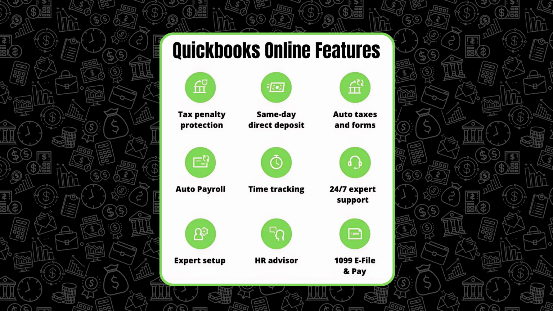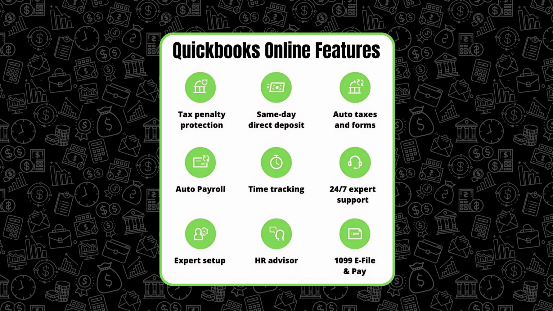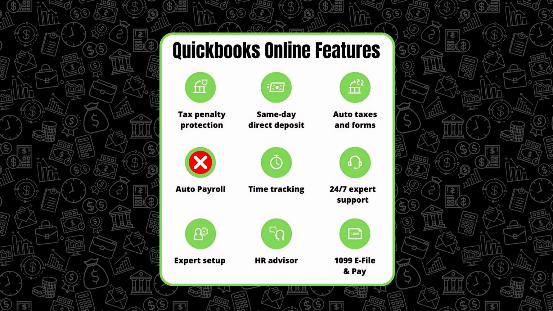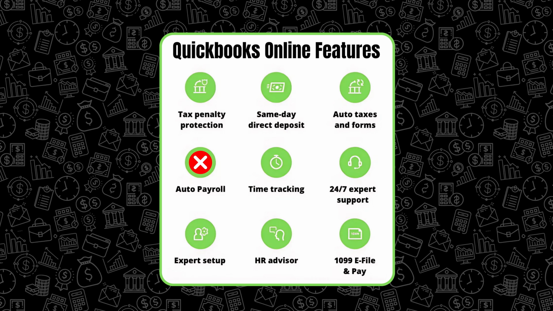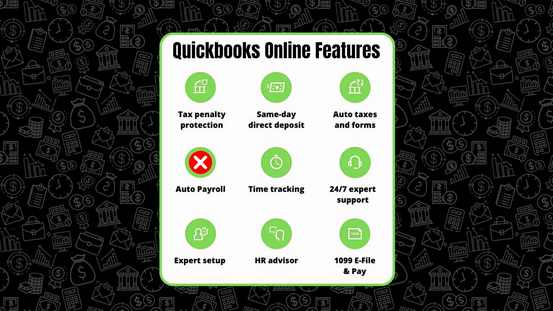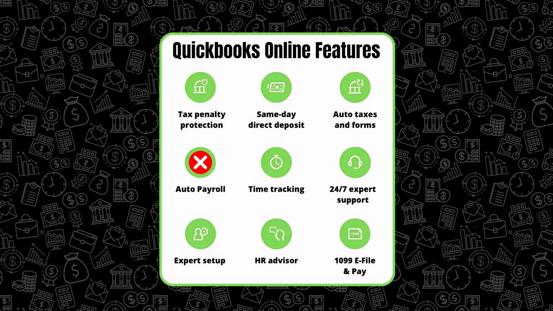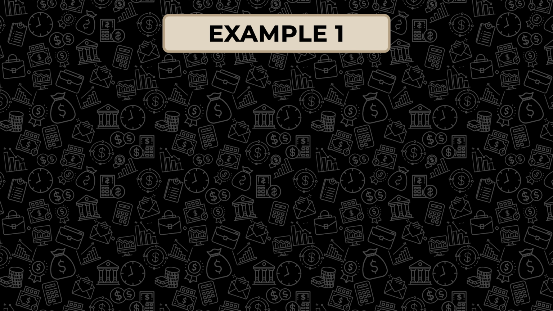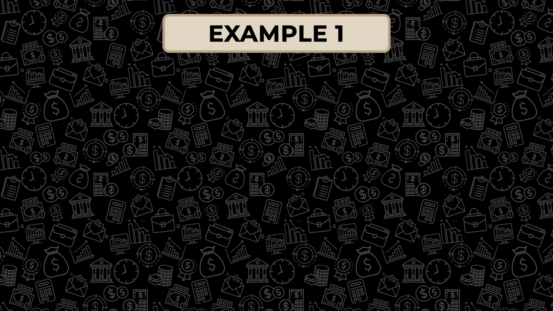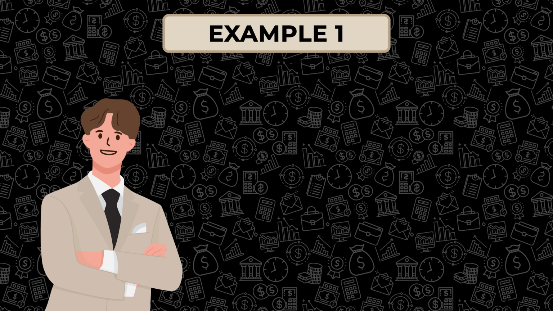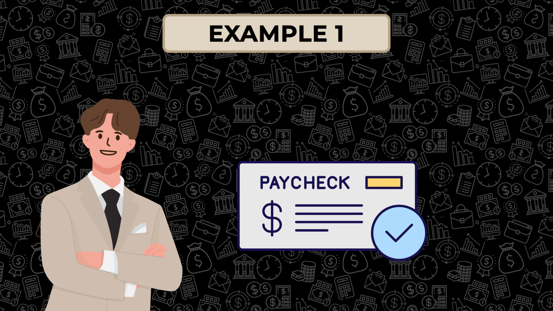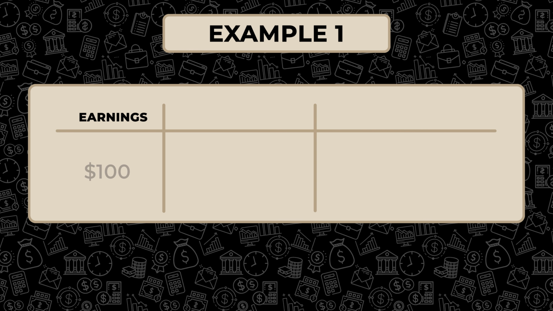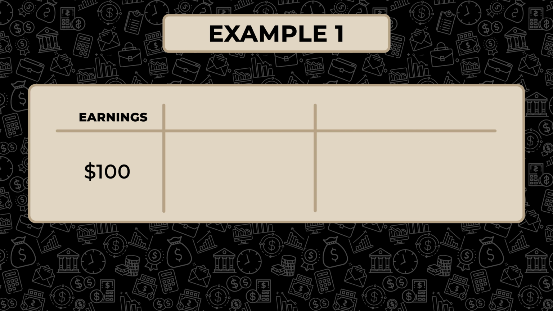So to make it clear exactly how it works, let's imagine that we are not using the payroll feature in QuickBooks Online, and we're recording things the old-fashioned way. And in this very simple example, to give you the whole idea, we're only going to pay one worker one paycheck. So let's imagine in this example, the worker earned $100.